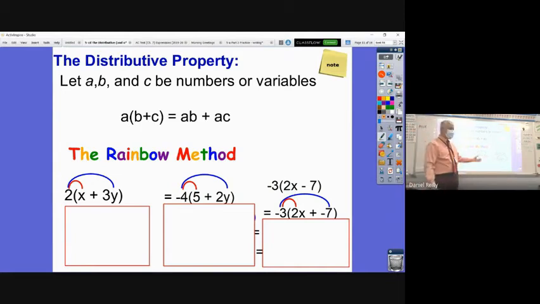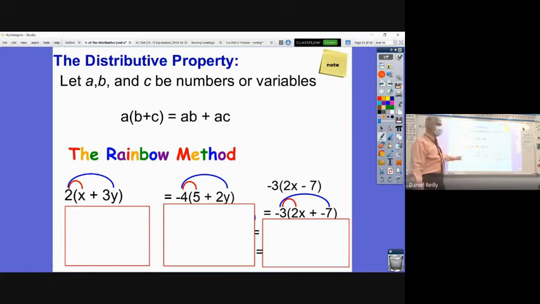All right. Why do I call it the rainbow method? Okay, because you can draw a little rainbow that connects the multiplication number in the front with everything on the inside. It looks like a little rainbow. Okay, so this is when, and I'll say this all the time, oh, got distributive property, so we're going to do a rainbow. Okay?